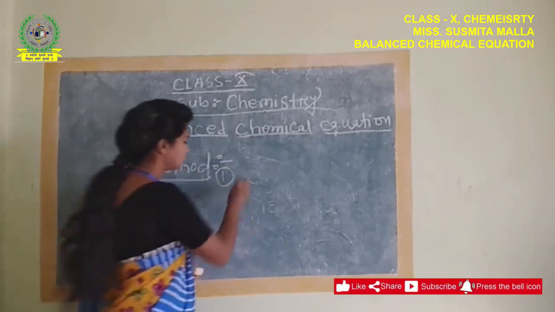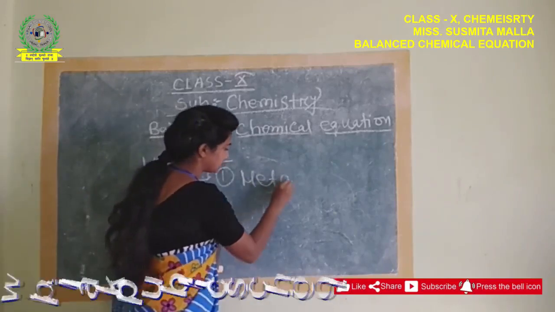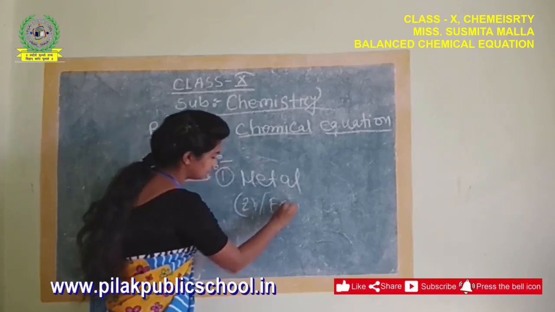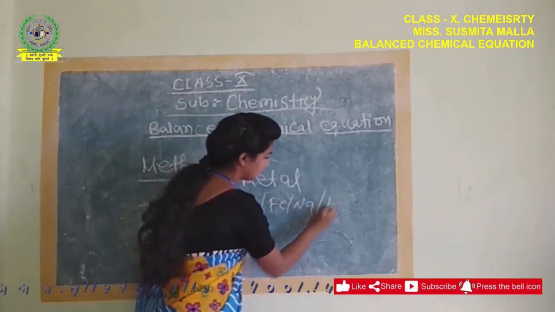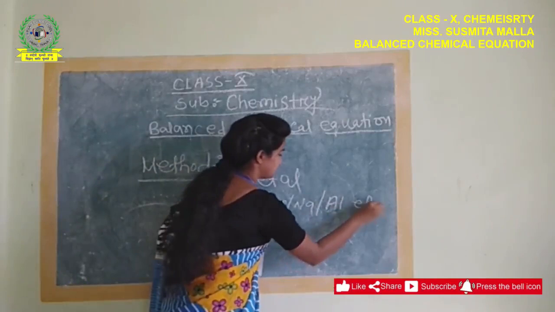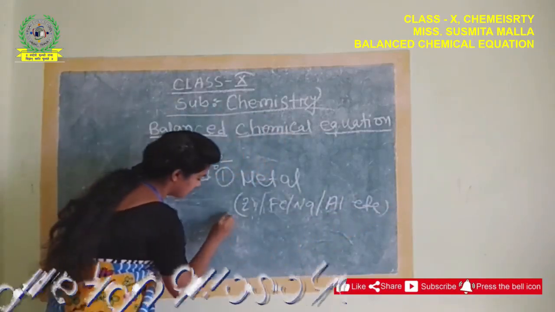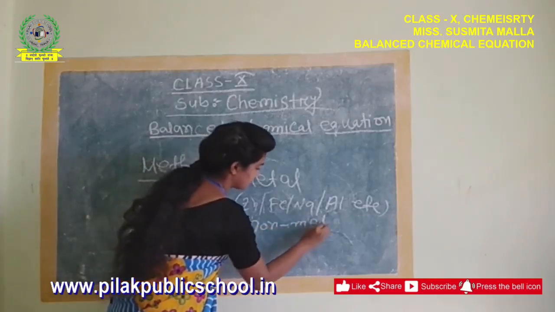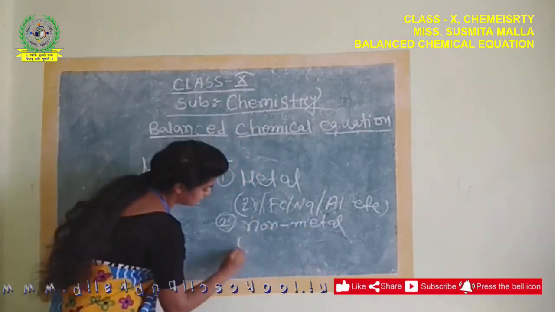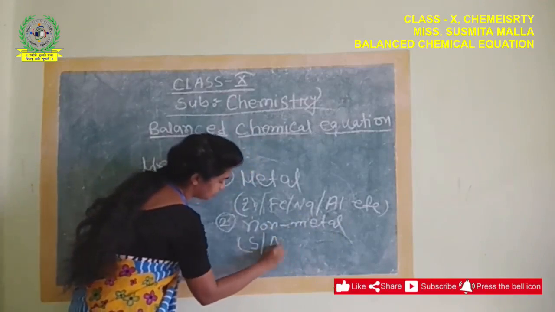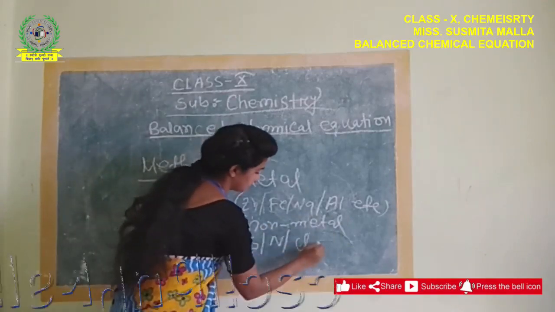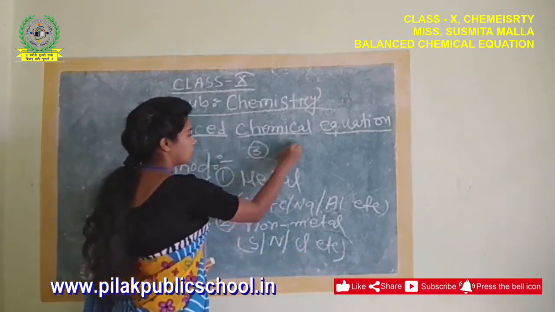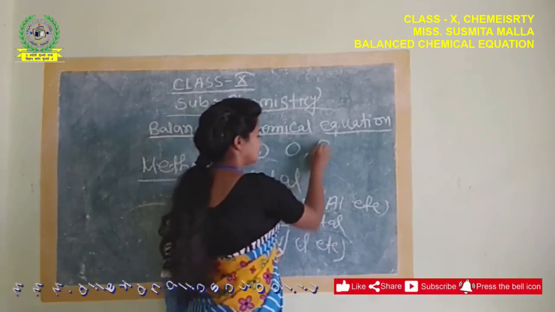First we balance metal, as for example, zinc, iron, sodium, aluminium, etc. Next, non-metal, as for example, sulfur, nitrogen, chlorine, etc. Third is oxygen and fourth hydrogen.